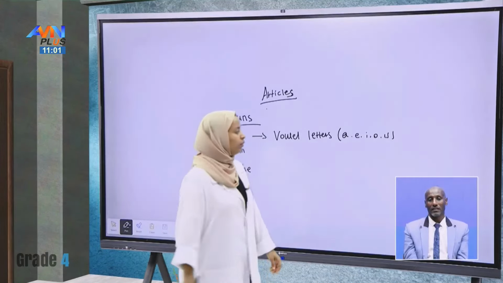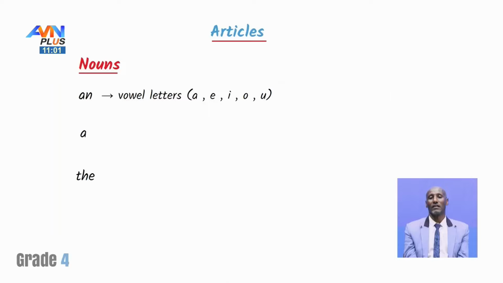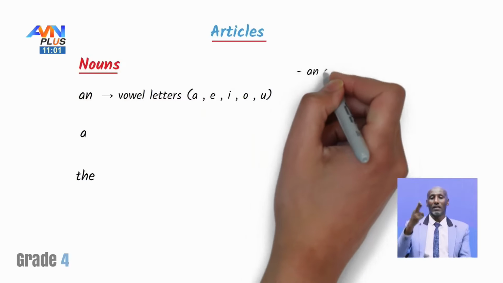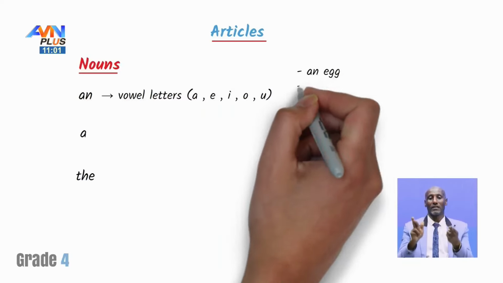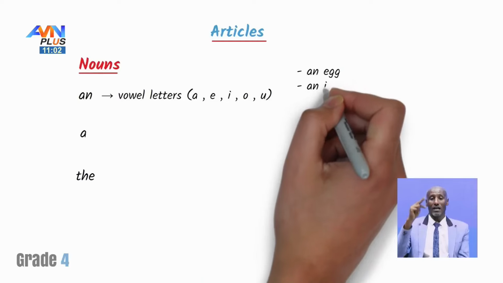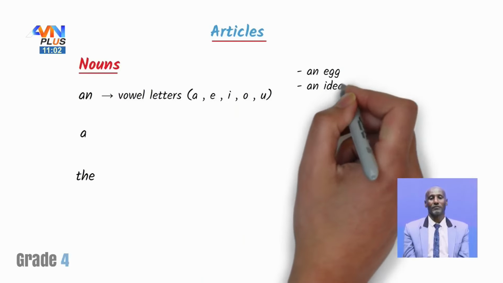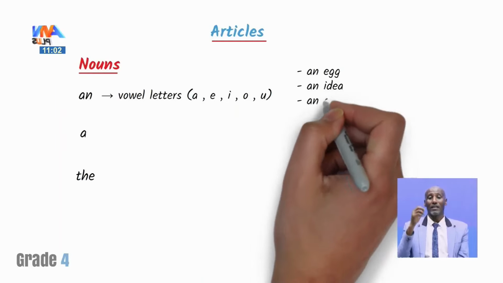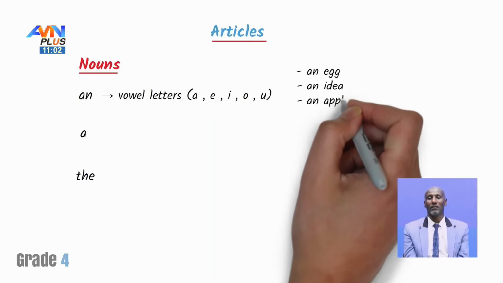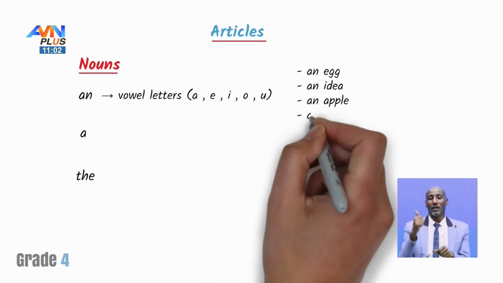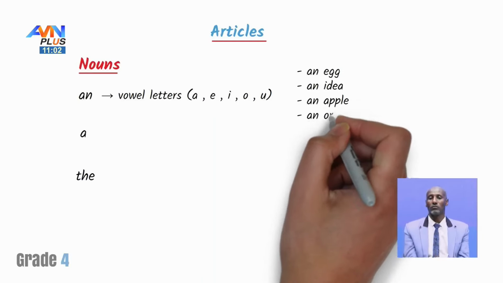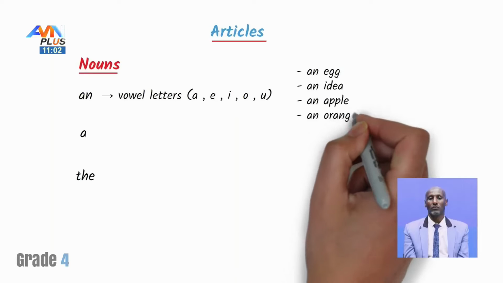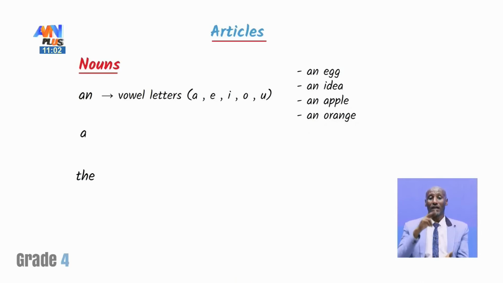For example, an egg, an idea, an apple, and also an orange. So these are the articles we use before vowel letters.